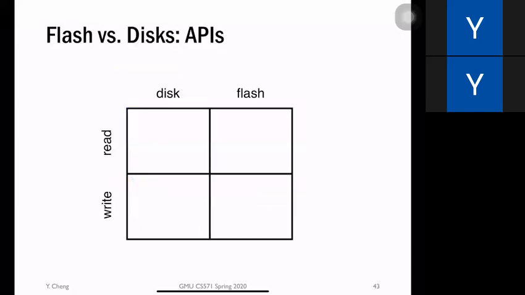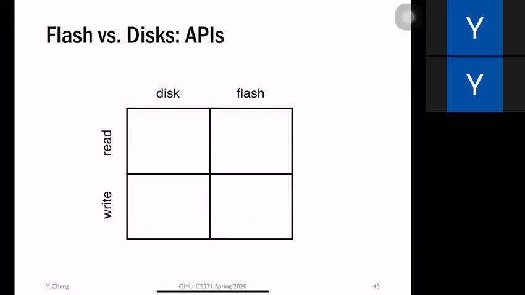Okay. So in this slide, it uses these four squares to illustrate the differences in terms of interfaces or APIs between these two different storage technologies.